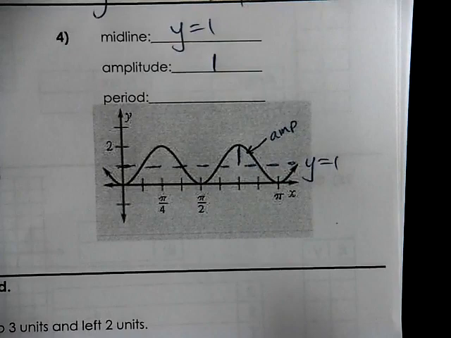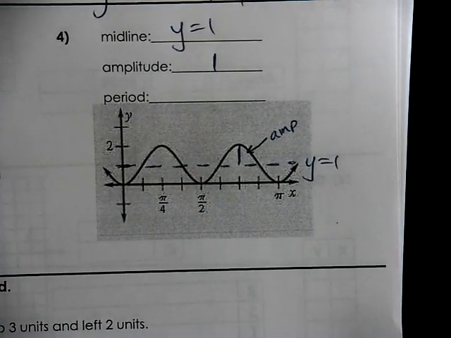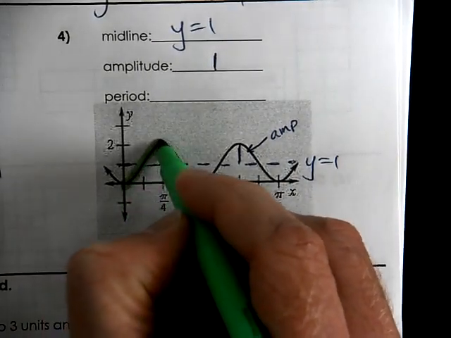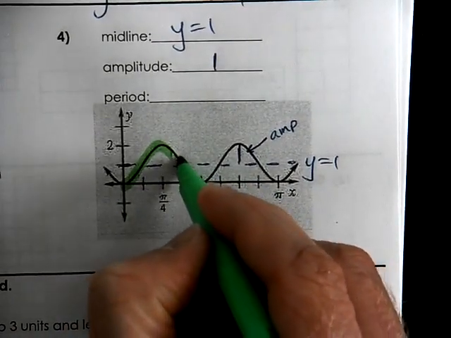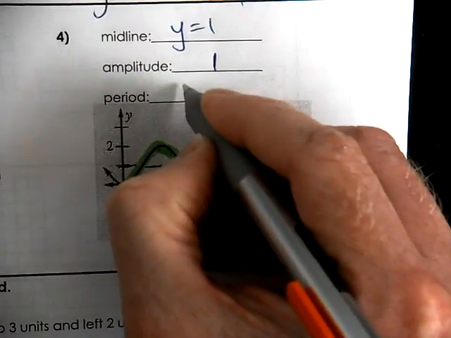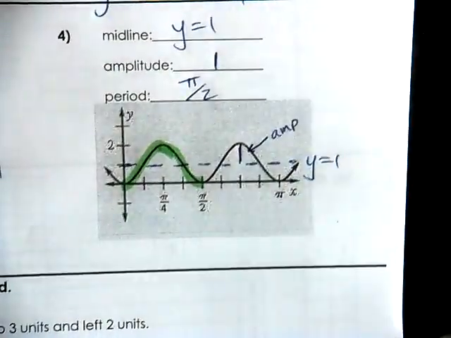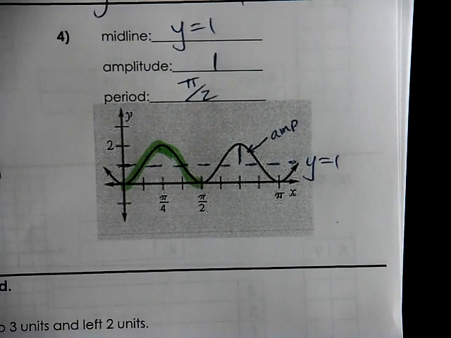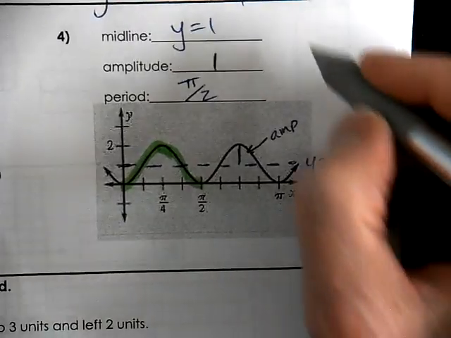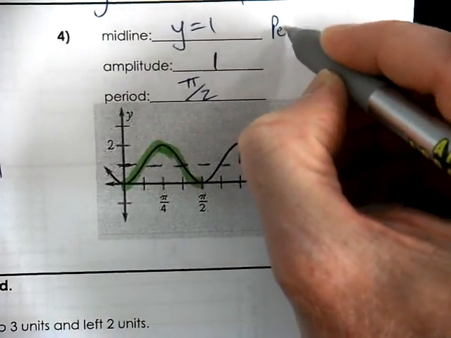The period, let's take a look at the period. Again, I'm focusing on the y-axis. So that's what I would suggest on right there, that graph. And that period is pi over 2. That seems to be a quarter of the normal size. So I probably already know what my B term is.